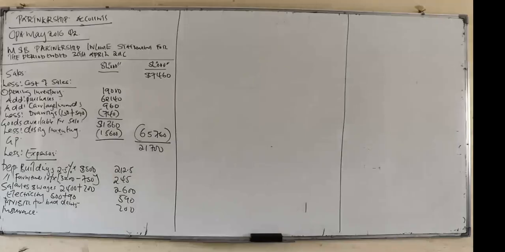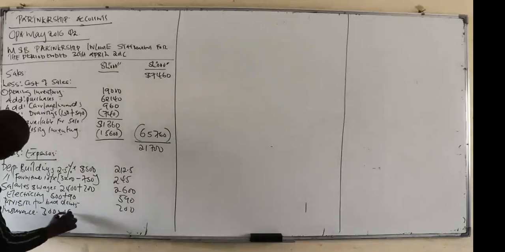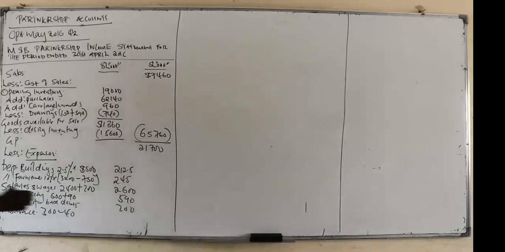How much? 300. So they paid 300, and out of this 300, you're being told 40 is not for the current period, it's advance. So you deduct, and how much do you get? 260.